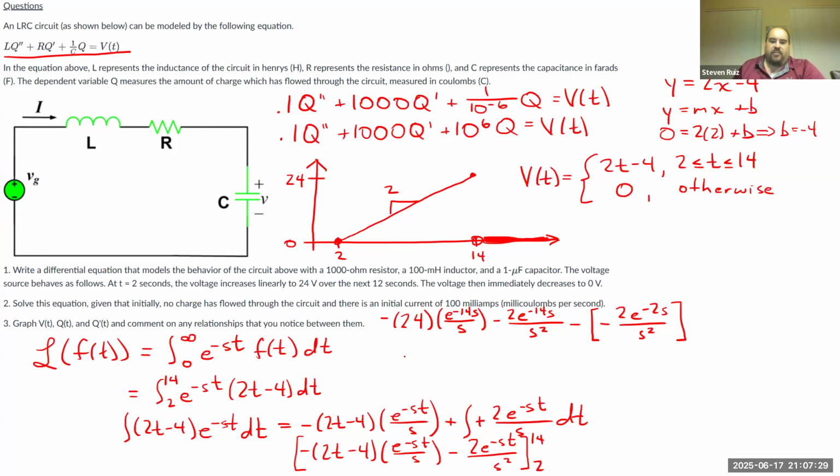All right, so now this equals negative 24 e to the negative 14s over s minus 2e to the negative 14s over s squared plus 2e to the negative 2s over s squared. So this weird thing is no longer my f of t, this is my F of s.